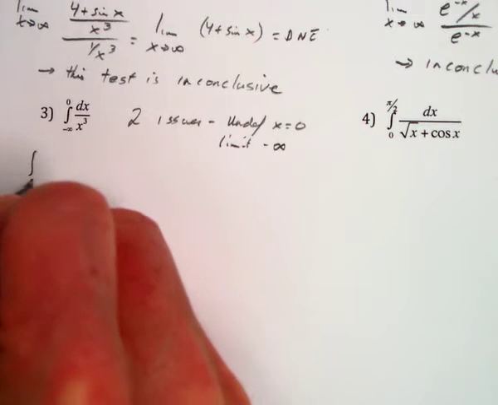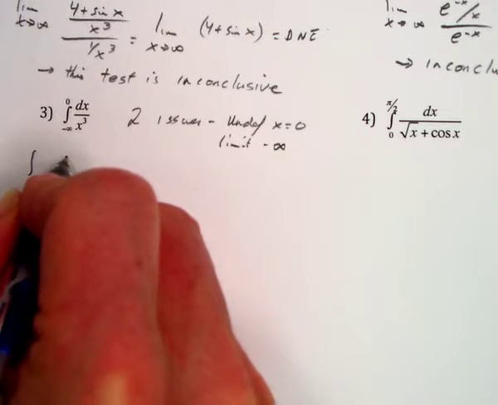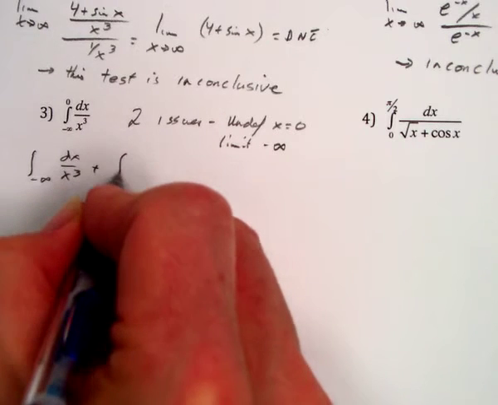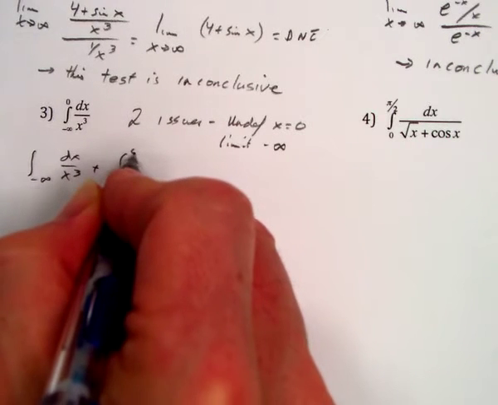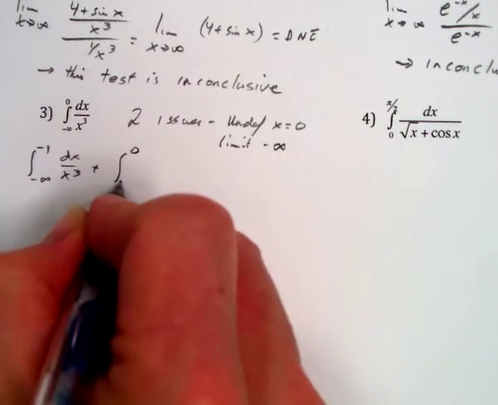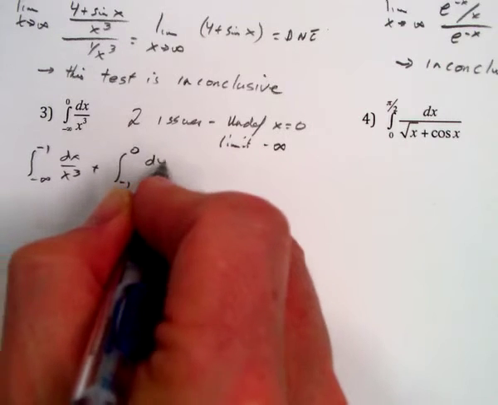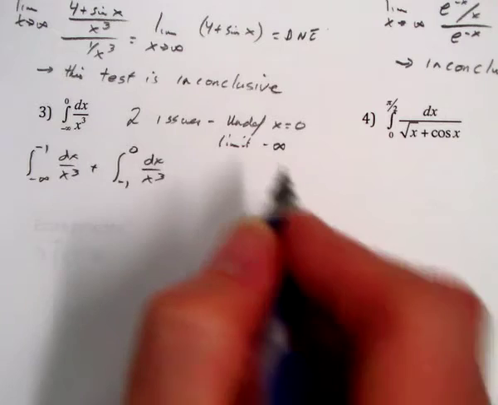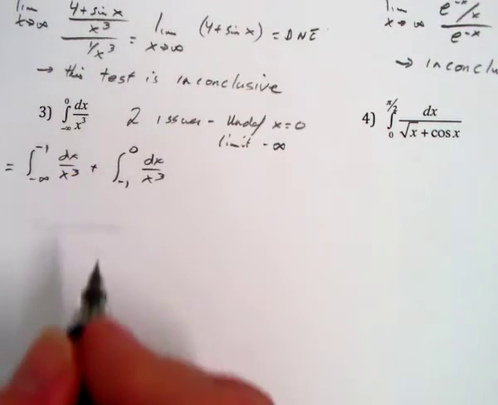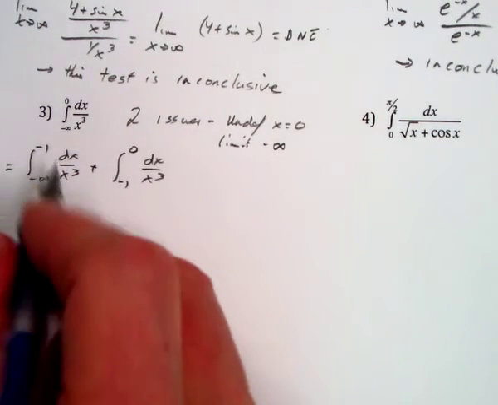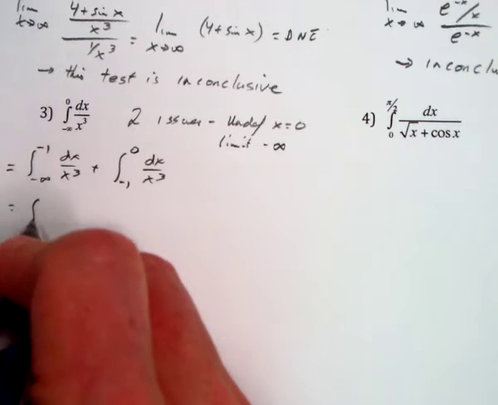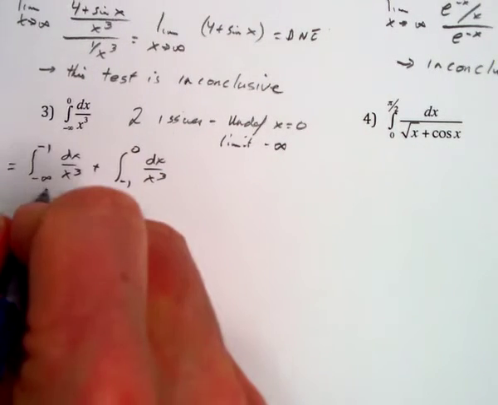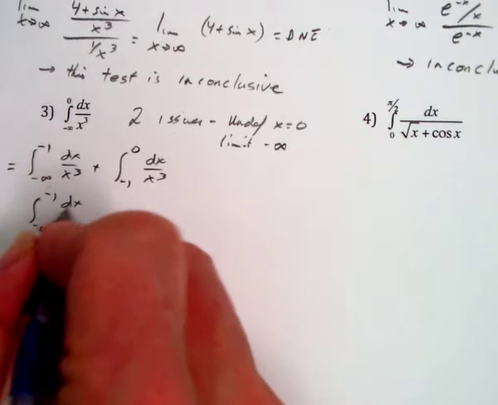So let's go from negative infinity of dx over x cubed. Now we need to pick some number in between that's convenient for us. So how about negative 1, dx over x cubed? Let's deal with these one at a time. We'll just deal with this one: negative infinity to negative 1 of dx over x cubed.